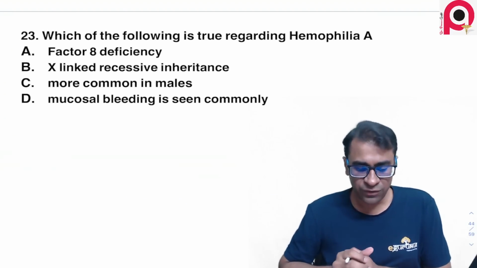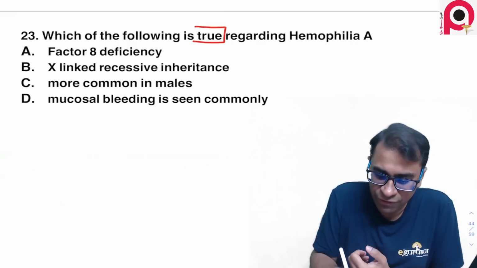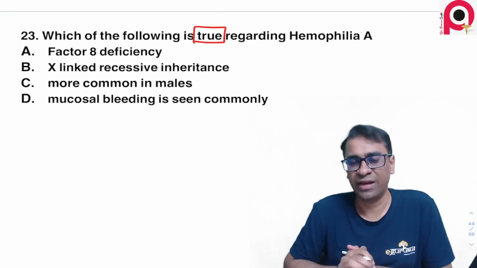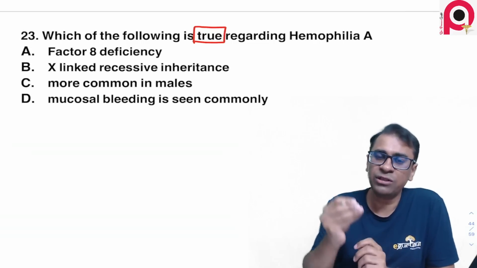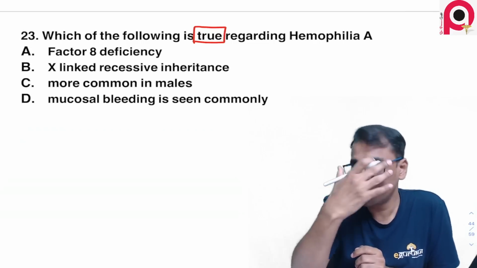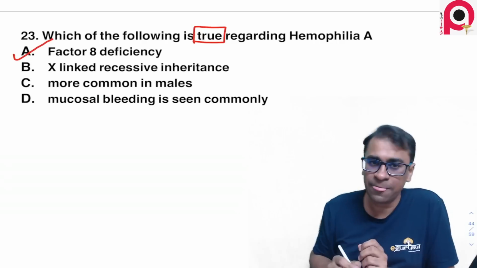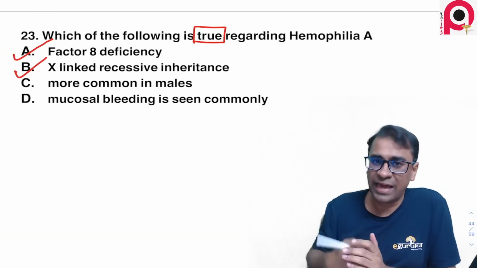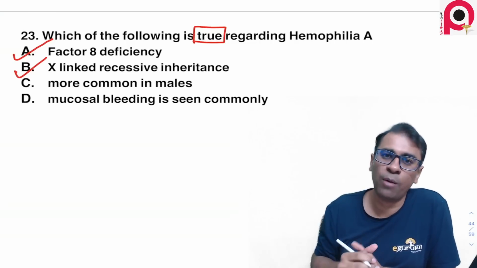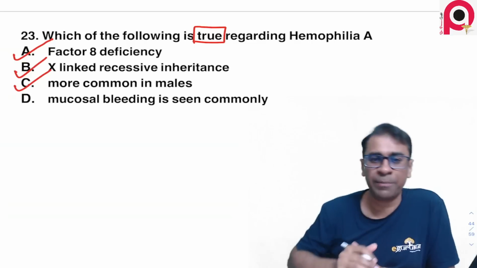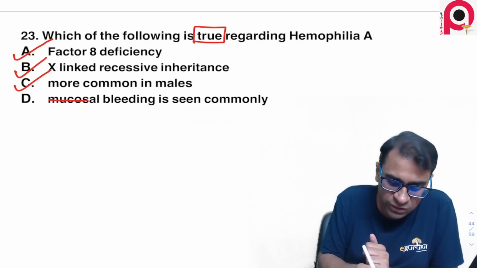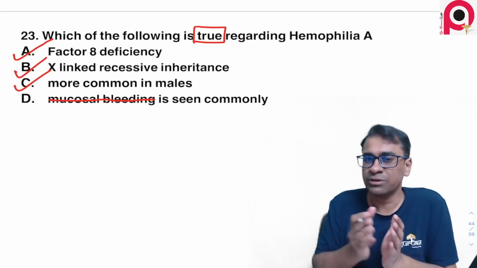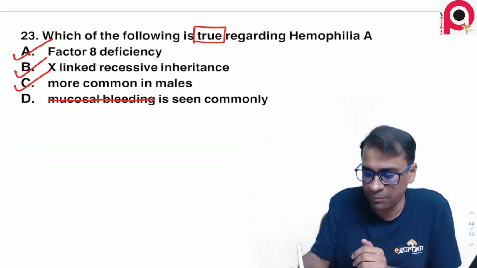Next question: the following is true regarding hemophilia A. I think this was also a multiple choice question, so surely the answer would include A. It is X-linked recessive, and because of that it is more common in males compared to females. But mucosal bleeding is not the basic effect, because it's a type of secondary plug defect.